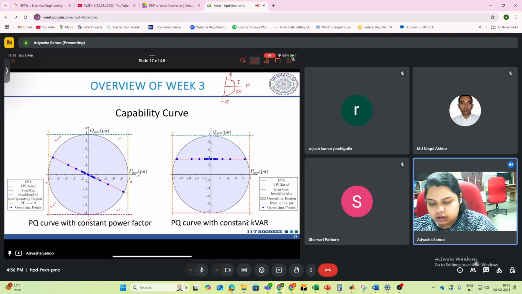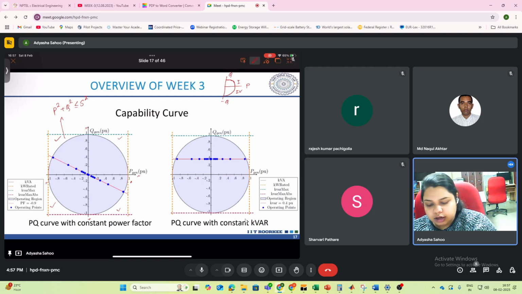Other thing that we can observe is that this circle equation is given by P square plus Q square is less than or equal to S square.